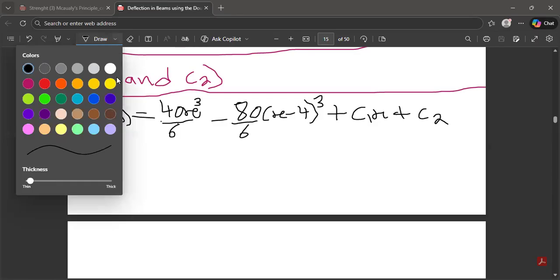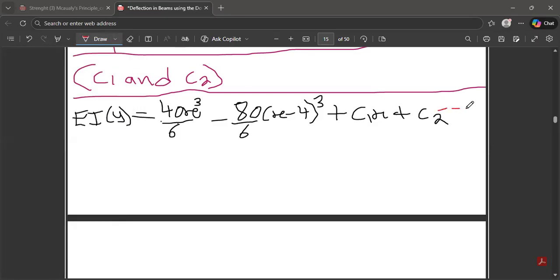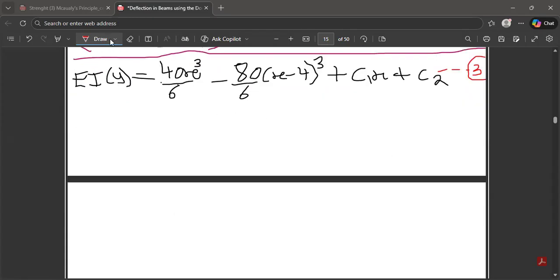All right. So we said that this was our equation 3. If this is our equation 3, now we can put the boundary conditions into it.